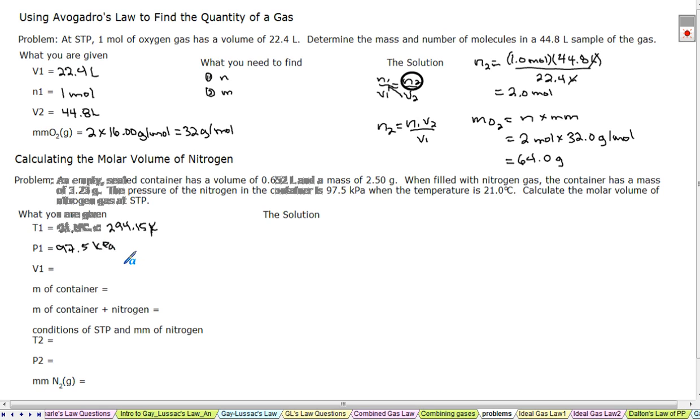And my volume is 0.652 liters. Remember, that is the volume of the container.